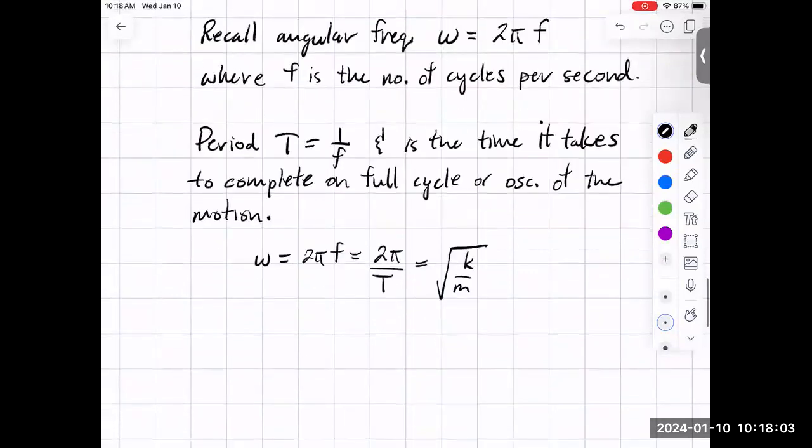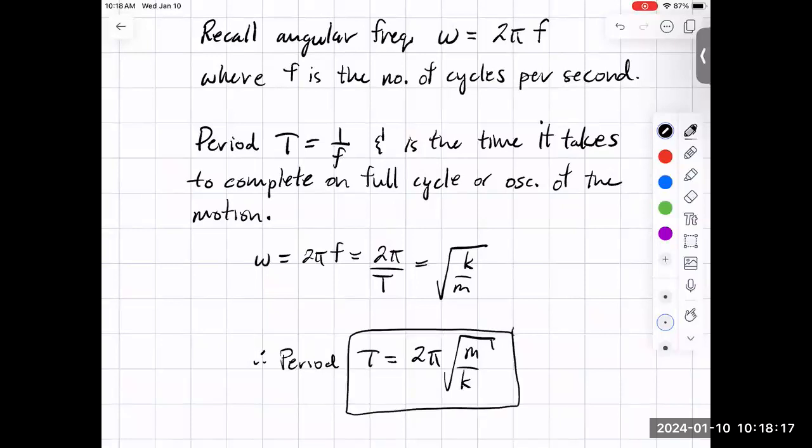And so therefore the period T is equal to, let's see, it would have to be 2 pi times the square root of m over k. So the period is determined by the mass of the block and also on the spring constant, or the spring stiffness of the spring.